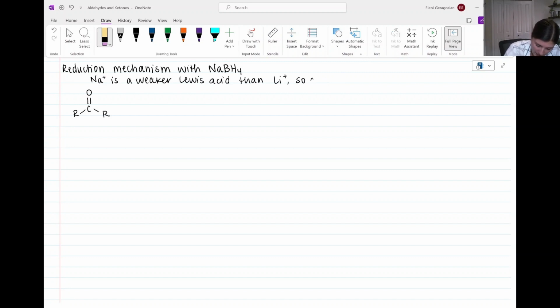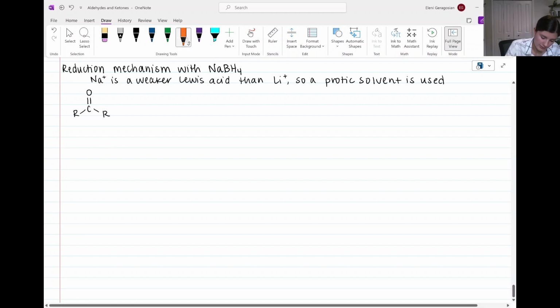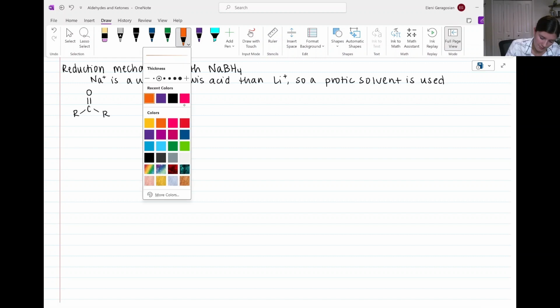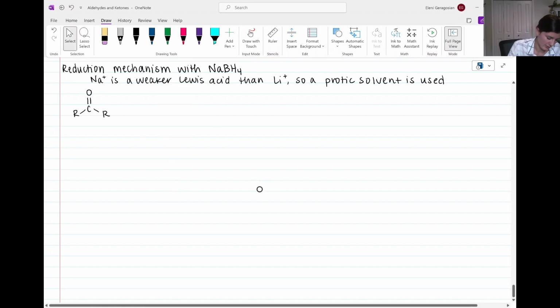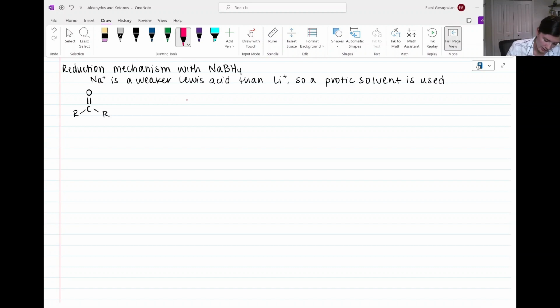So a protic solvent is used. The proton in the protic solvent is what will then have a hydrogen bond, and that will activate that carbonyl. So let's say we have a protic solvent, methanol.